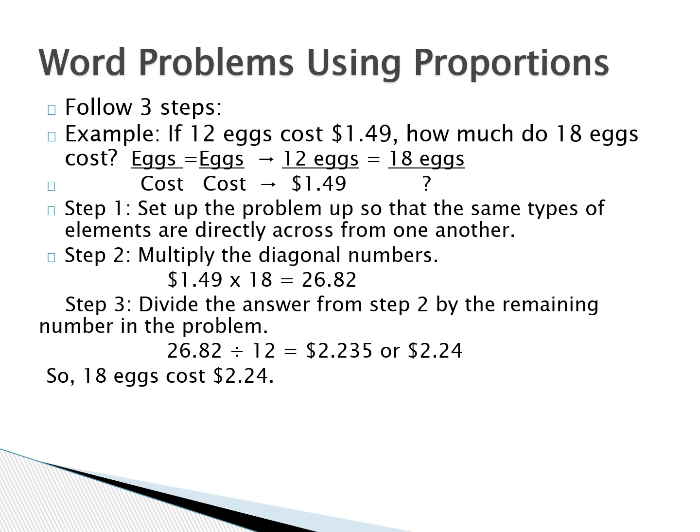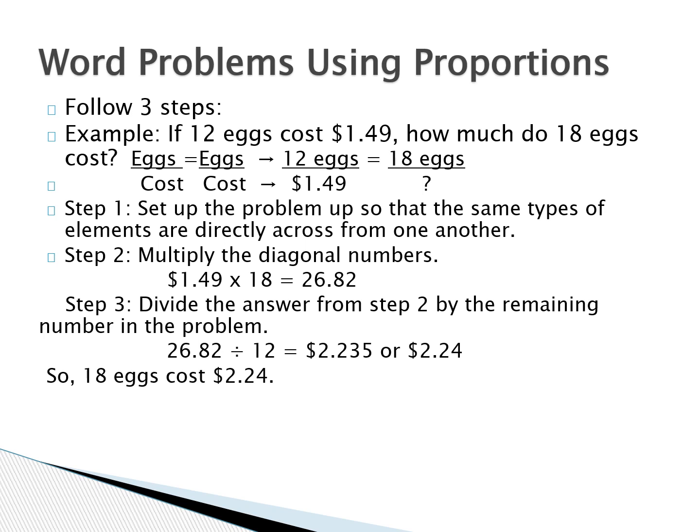So you have your 12 eggs equals your 18 eggs, and then your first fraction, $1.49 over, or under rather, equals the missing amount, or x. Make sure that you have your units across from each other.